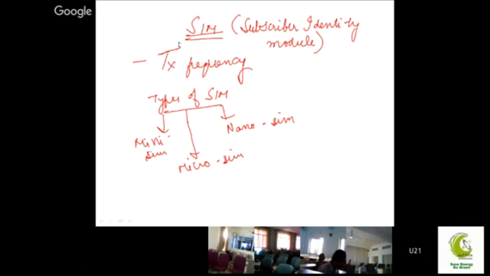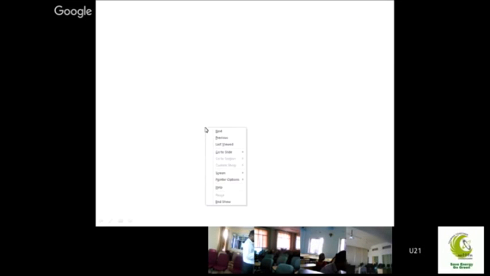Now, the next feature of the SIM. The first one was the transmitting frequency. Second, ciphering.